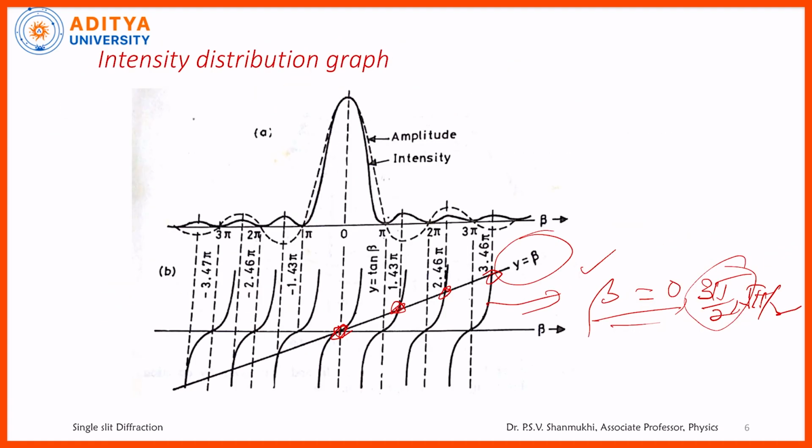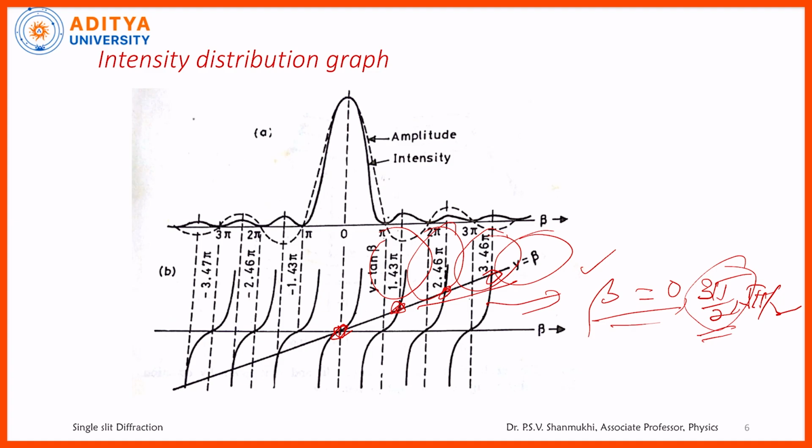Now coming to other values, 3π/2 means 1.5π. But practically, instead of 1.5π we get the values at 1.43π, 2.46π, 3.46π. At these values we get the maxima, they are the intersecting points.